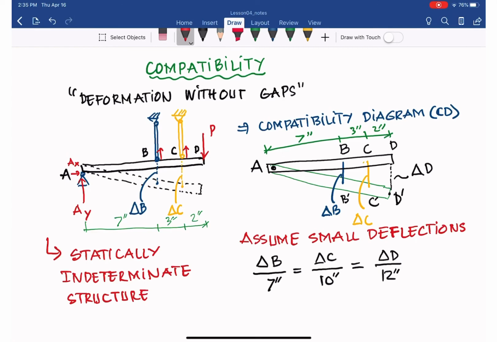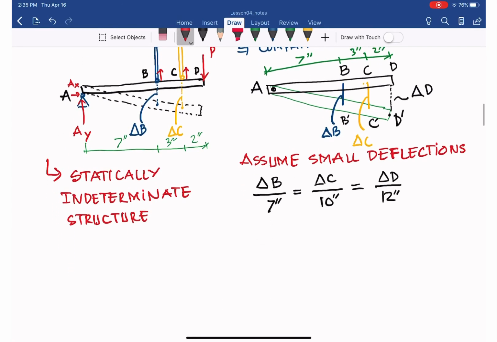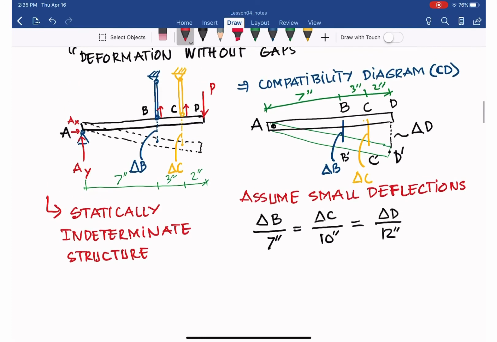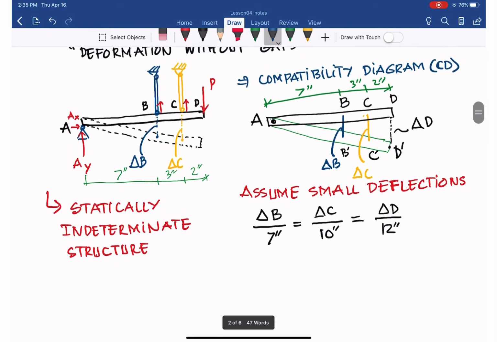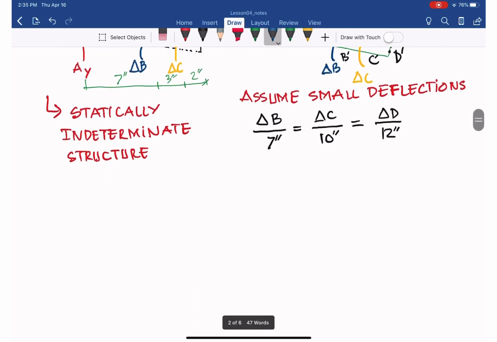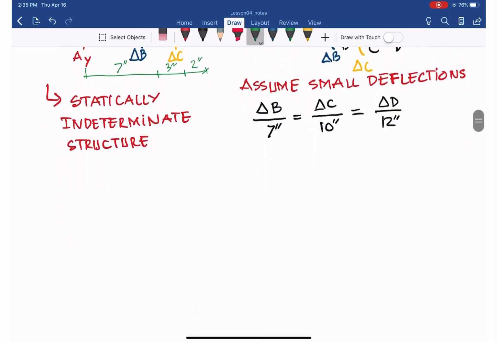Regardless, we still have to be able to solve this problem, and still be able to draw the free body diagram. But to draw the free body diagram, you have to check the consistency that I mentioned in the demonstration that you watched previously. So consistency is very important.